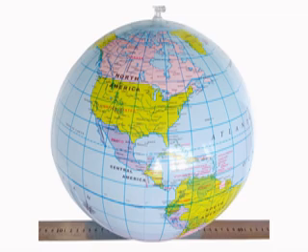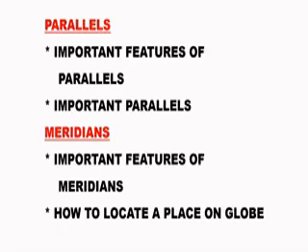Okay students, so let's start our new journey. This lesson is parallels and meridians. Now we are going to learn what a parallel is, how to draw parallels, the important features of parallels and what the important parallels are, then how parallels are numbered.